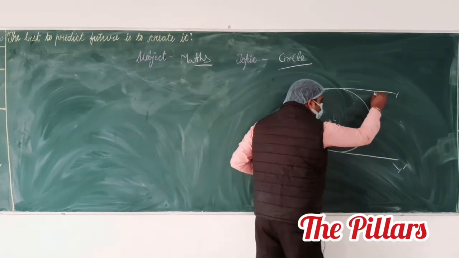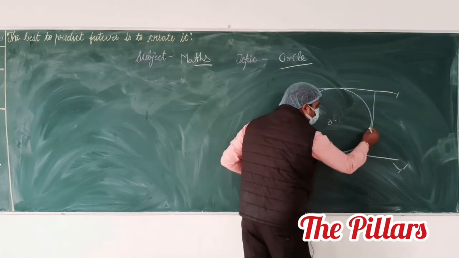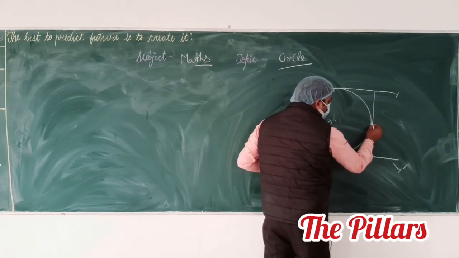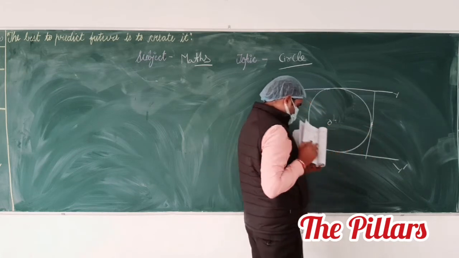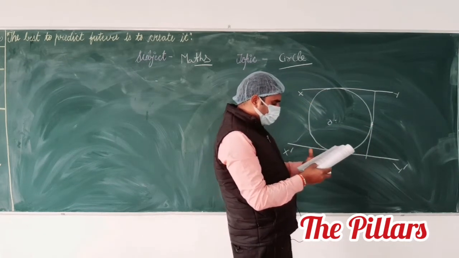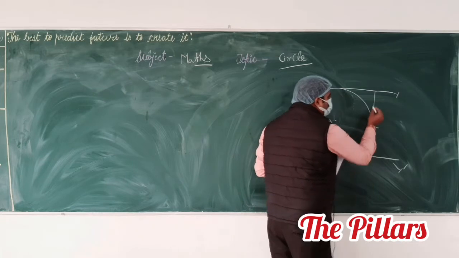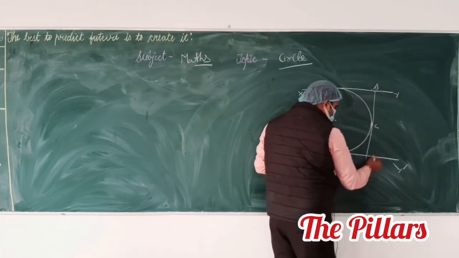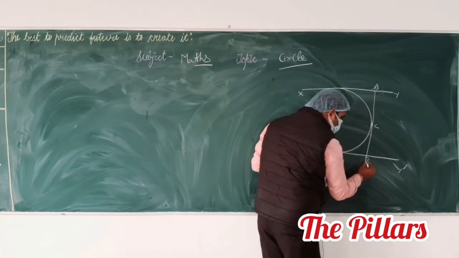Suppose this is the other tangent, whose point of contact is C, and this tangent cuts xy at point A.